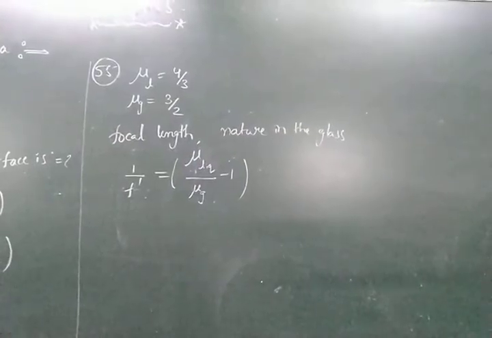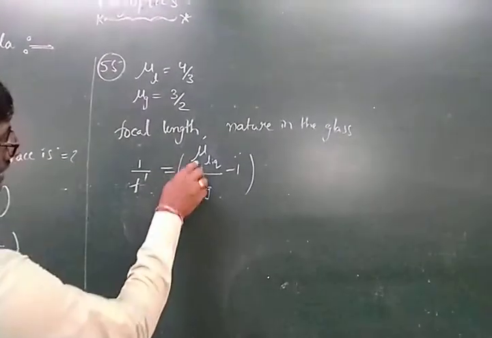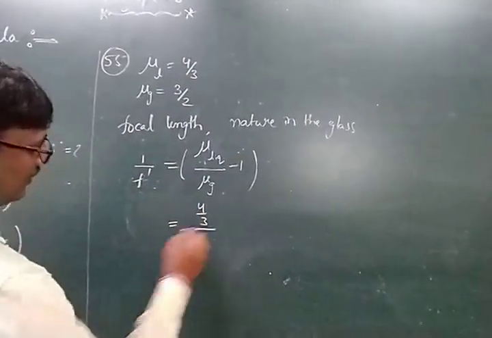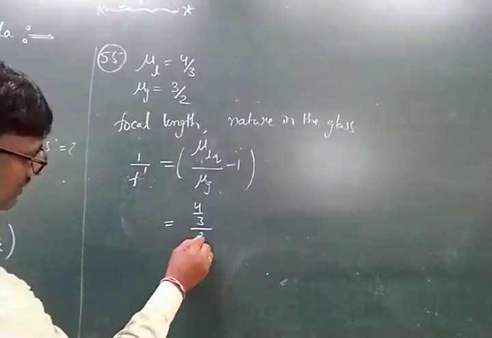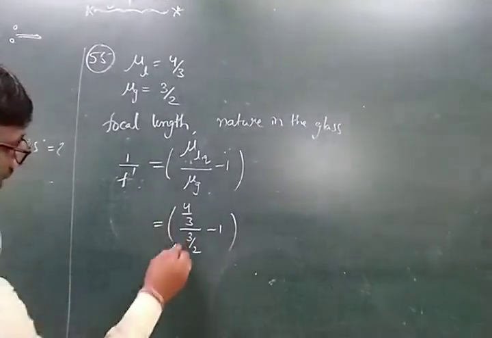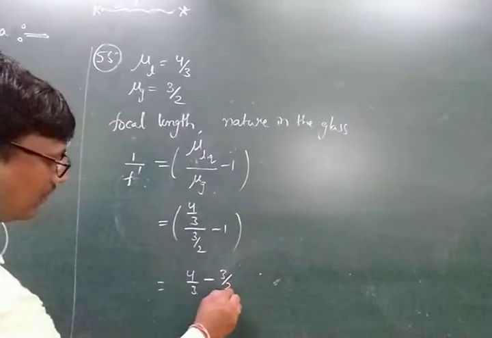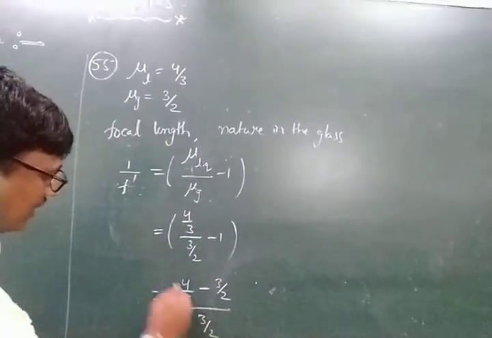Now substitute the values. The refractive index of the liquid is 4 by 3, and the glass is 3 by 2, minus 1. Then take the LCM: 4 by 3 minus 3 by 2, whole divided by 3 by 2.